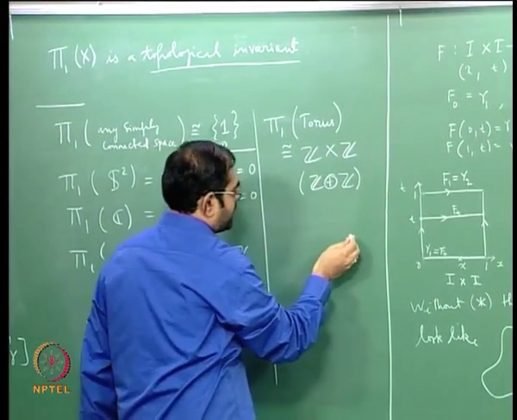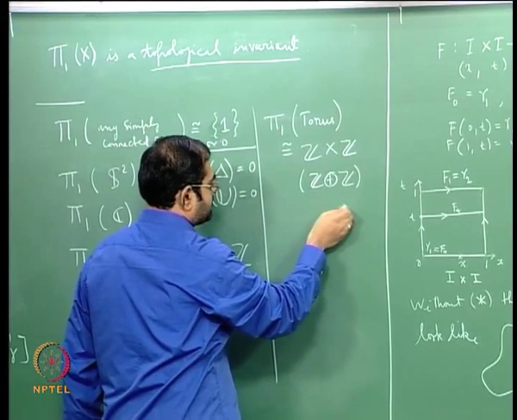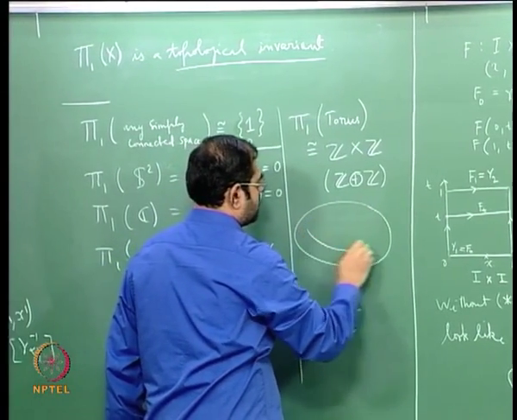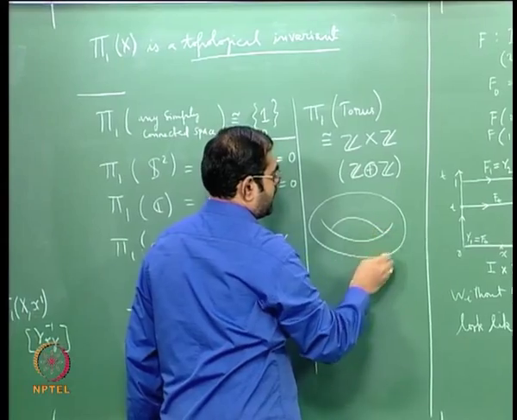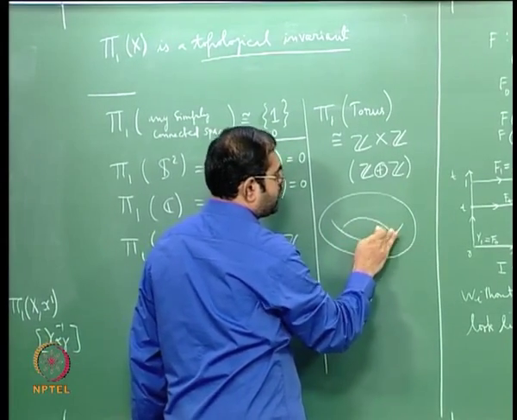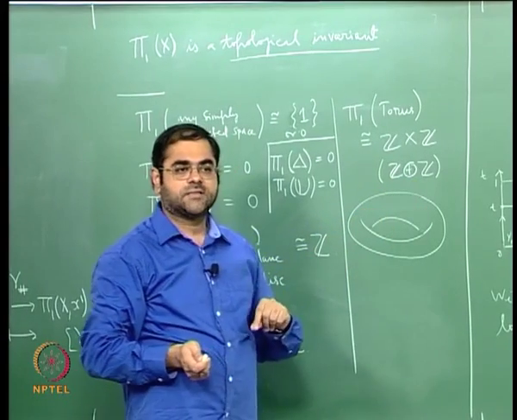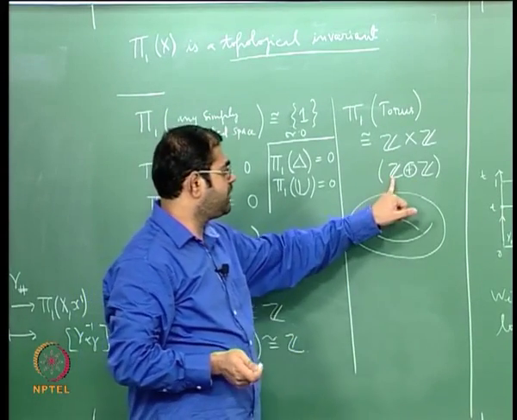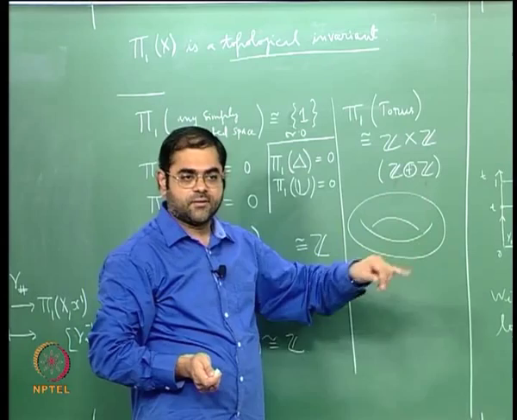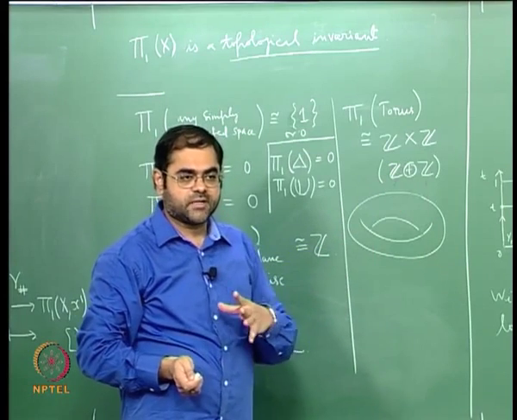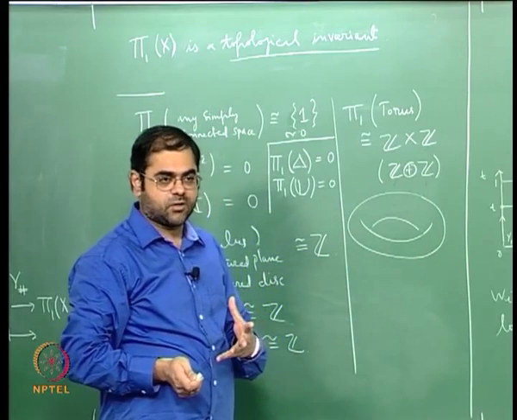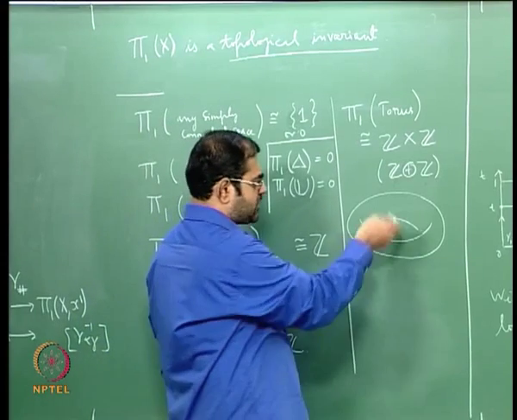So essentially what is happening is that if you take the torus, the fundamental group is Z cross Z, which means that Z cross Z as a group has two generators, namely (1, 0) and (0, 1). So (1, 0) should correspond to a particular kind of loop and (0, 1) should correspond to a particular kind of loop, and these are the obvious ones.